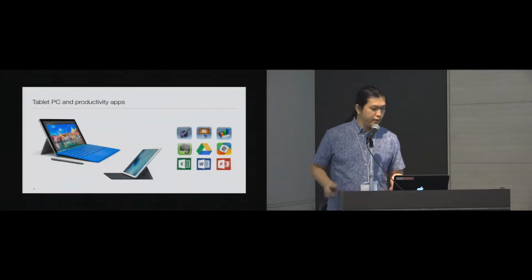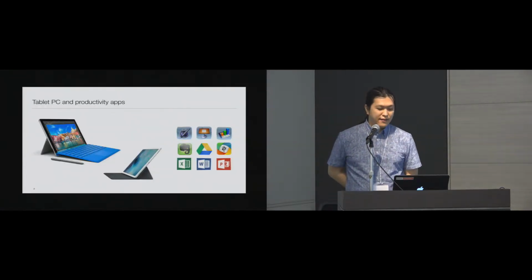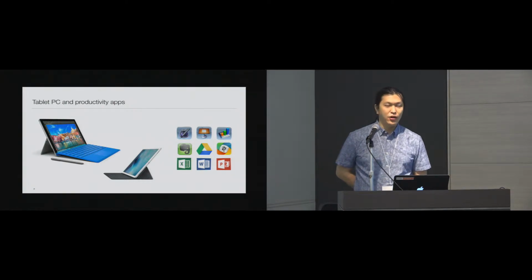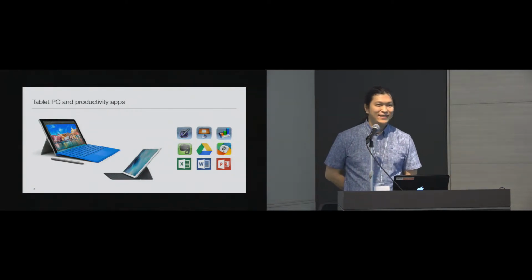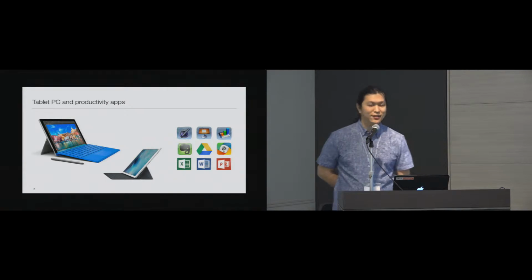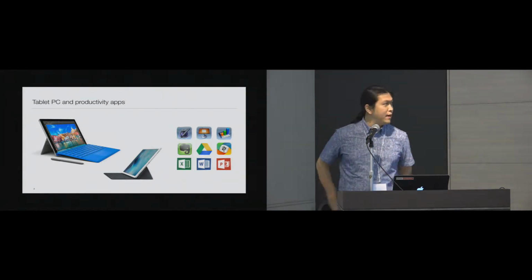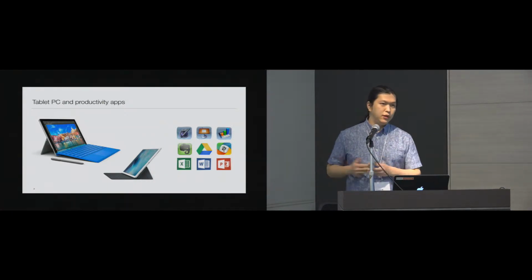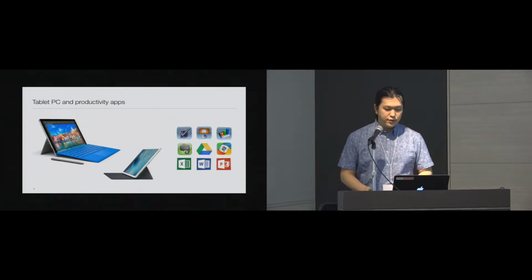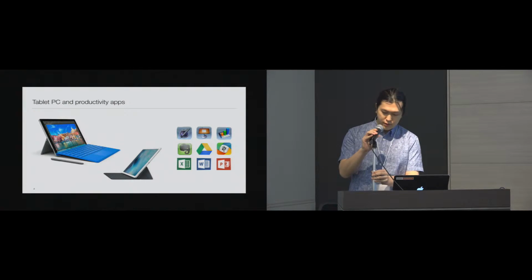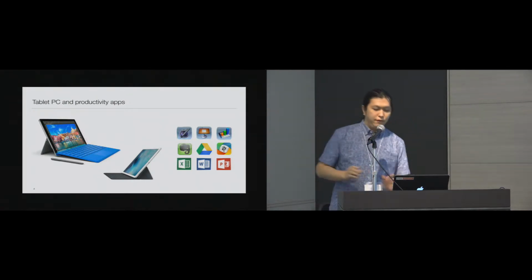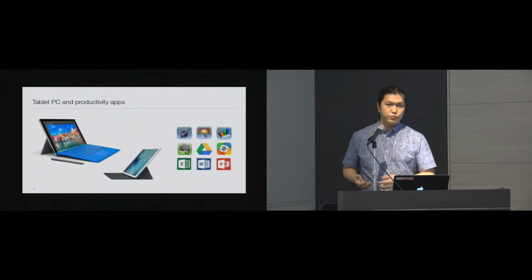Raise your hand if you ever tried working on a tablet PC. Okay, great. Many of you are working, and nowadays tablet PCs are getting more powerful processors, and they are now capable of running very heavy productivity apps such as word processors, presentation, and spreadsheet.